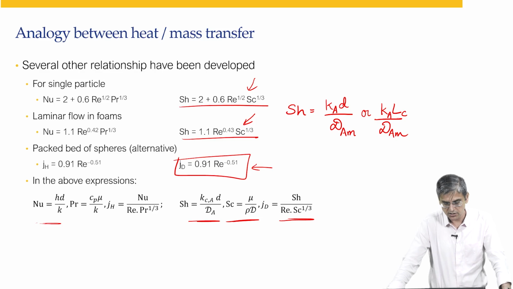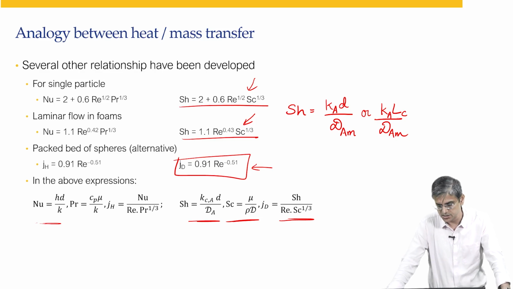Remember that the Reynolds number is d u rho by mu, the Schmidt number is given over here, and the Prandtl number, Nusselt number and Schmidt number are all given, and your JD and Sherwood number expressions are also given to you.